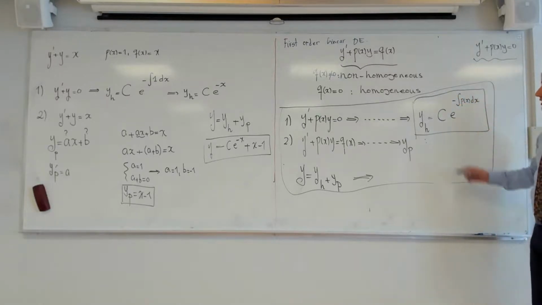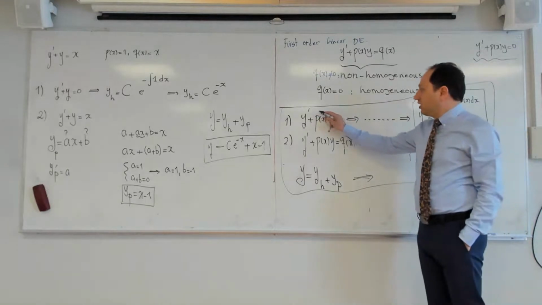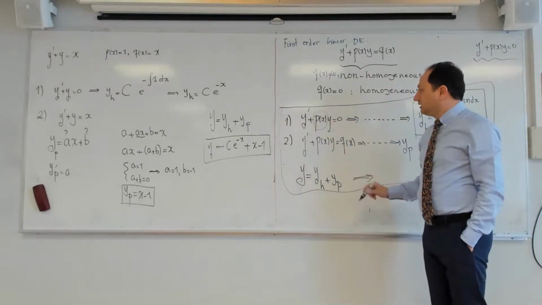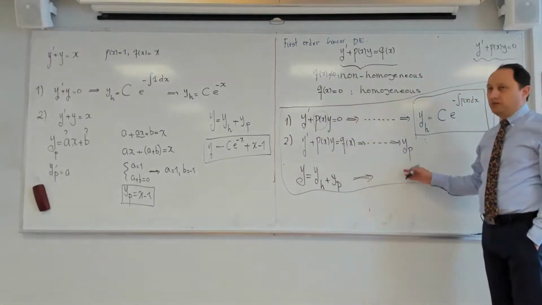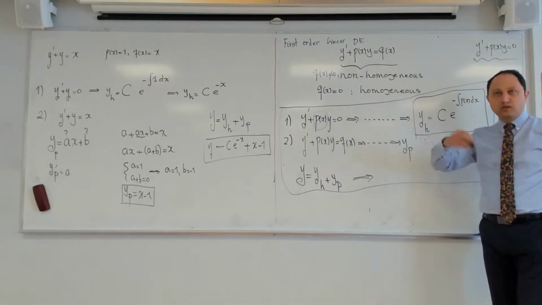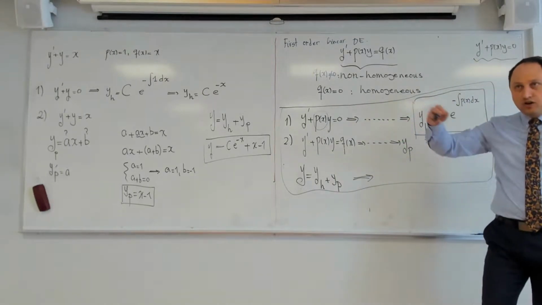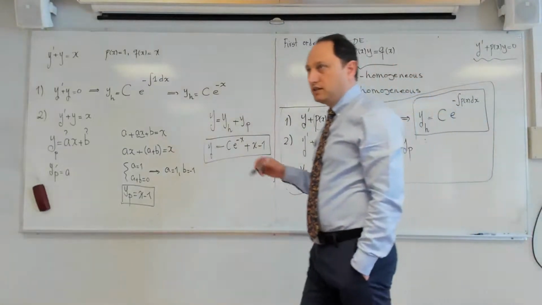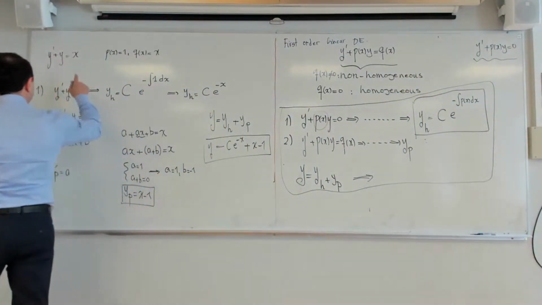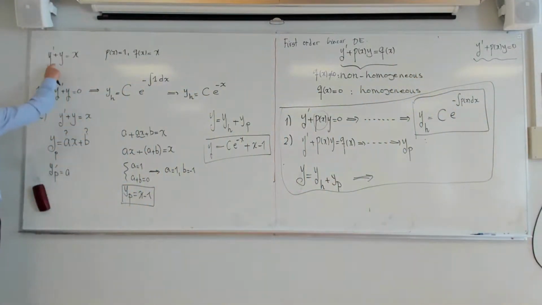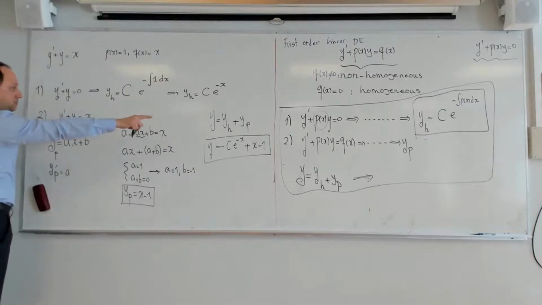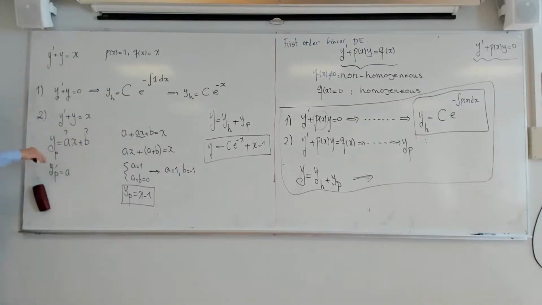So if p of x is a constant number, this method, I would say, is superior to the old method, where you have to multiply and calculate hard integrals, yes? So whenever you want to solve a non-homogeneous problem where this p of x is a constant, it is better to use this method with these educated guesses. This would be better. So let me give you some examples here.